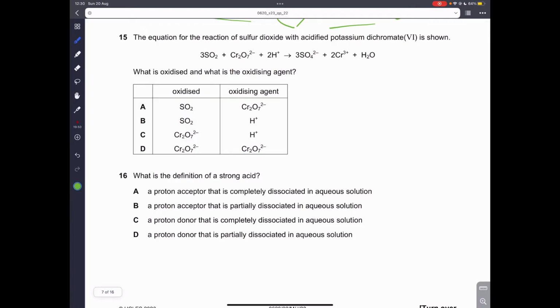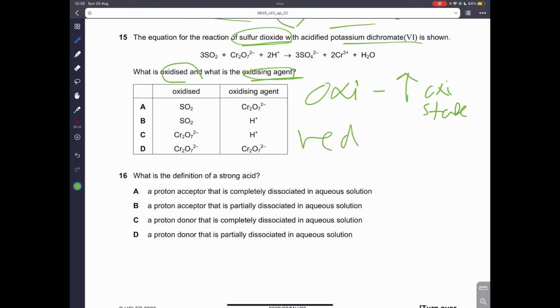Question number 15. The equation for the reaction of sulfur dioxide with acidified potassium dichromate is shown. What is oxidized and what is the oxidizing agent? Now, remember oxidation is the increase in oxidation state, and reduction is the decrease in oxidation state.